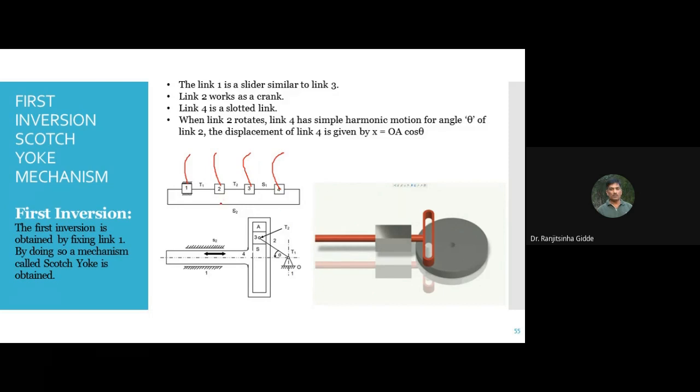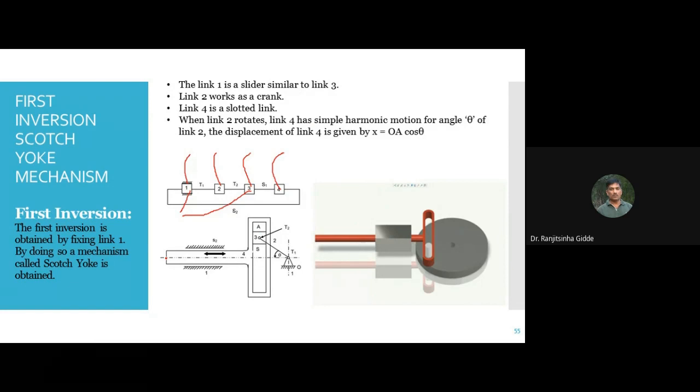Right? So when this first one is fixed, whatever we are getting, that is nothing but the Scotch yoke mechanism. The link 1 is a slider similar to link 3. So this is slider, this is slider.